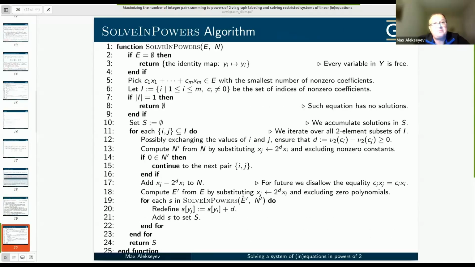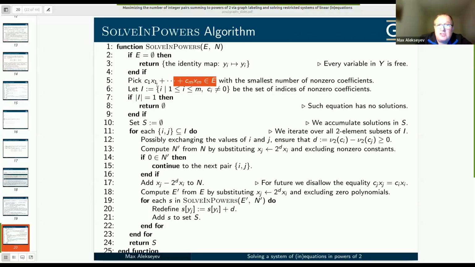So I'm going to present a pseudocode for solving powers. Solving powers gets two sets, E and N. If it turns out that E is empty, well, then we simply return the identity map, because every variable is free, nothing to satisfy.